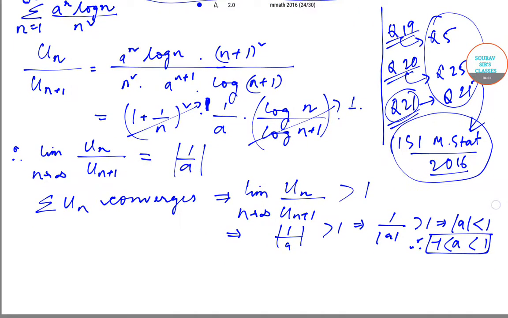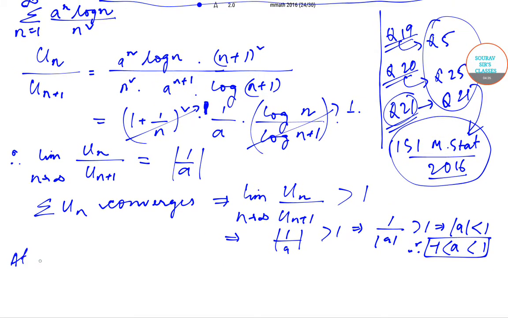Now we have to check at a equal to 1. At a equal to 1, u n is equal to log of n by n square, so summation of u n will be equal to summation of log n upon n square, and which is always convergent.